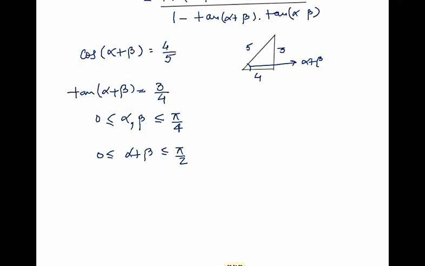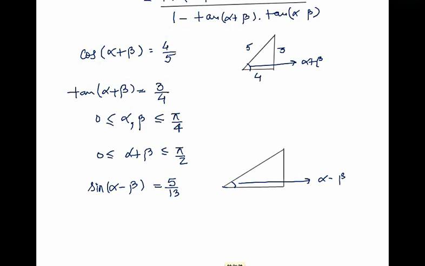Similarly, we have sin(alpha minus beta) equal to 5 over 13, and again using a right angle triangle, if we consider that this angle is alpha minus beta, then our perpendicular will be of 5 unit length and the hypotenuse will be 13.